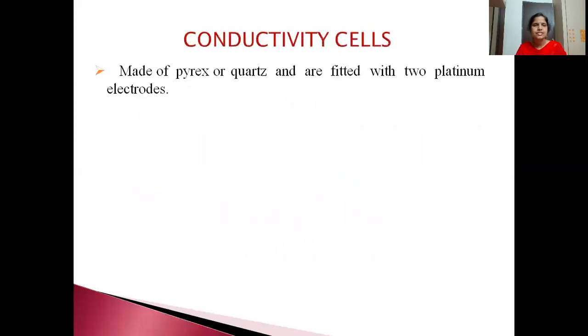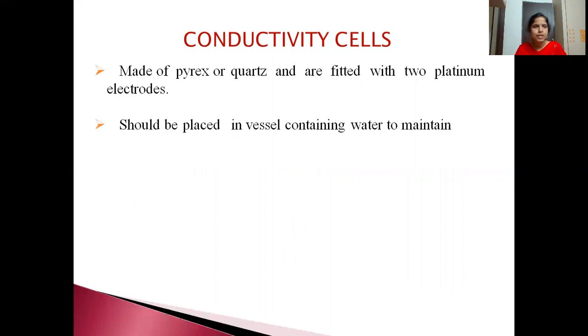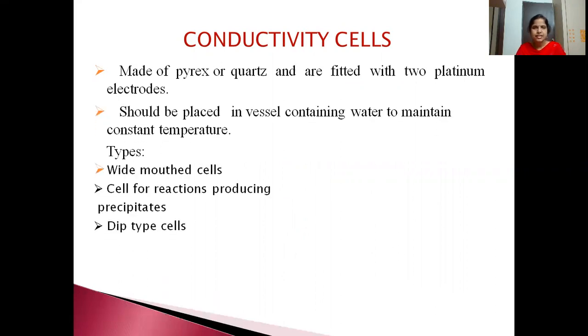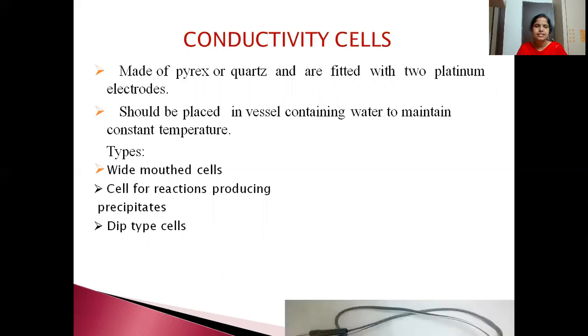The conductivity cells are made up of pyrex or quartz, and they are fitted with two platinum electrodes. They should always be placed in a vessel containing water to maintain a constant temperature. These are wide mouth cells, cells for reactions producing precipitates, and dip type cells.